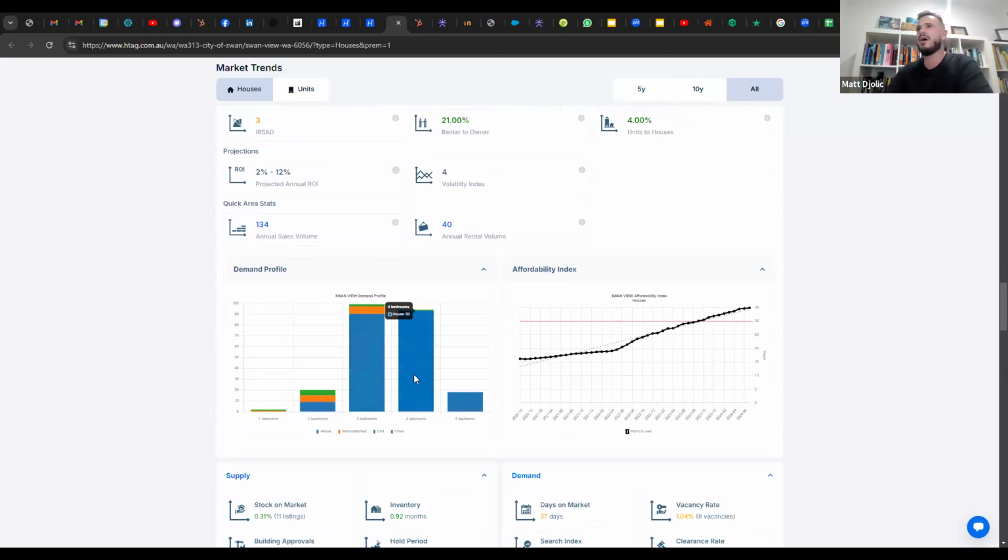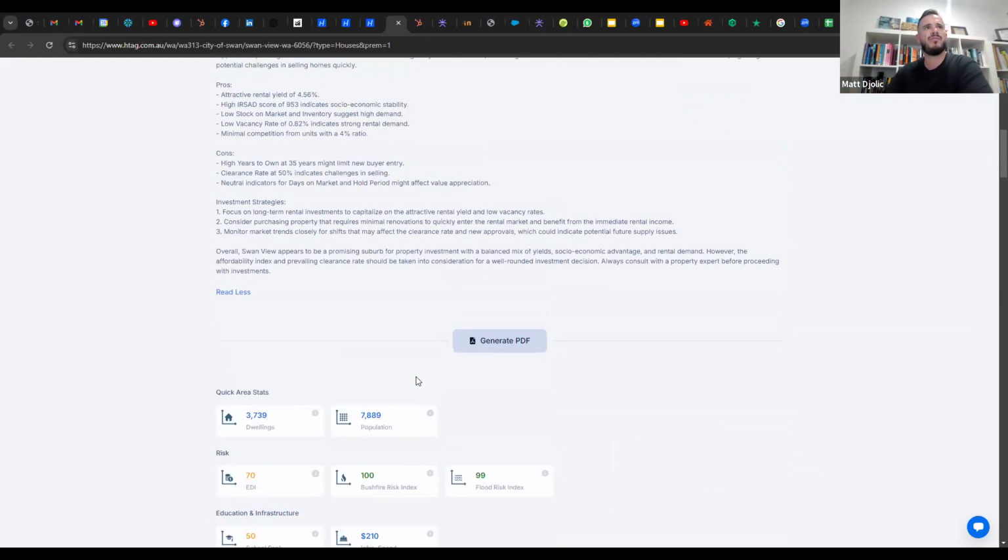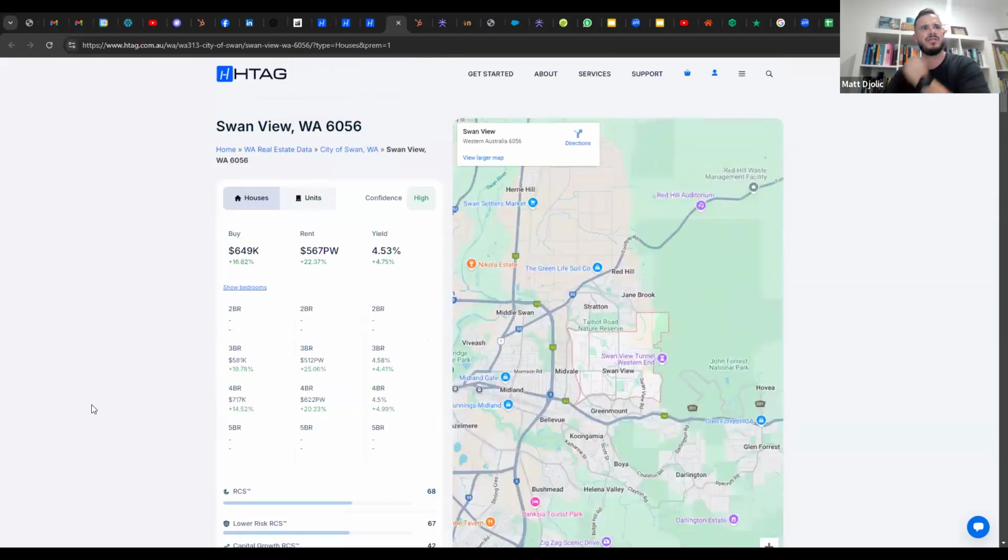So if you're buying either a 3-bedder or a 4-bedder, let's look at the price disparity between a 3 and 4 bedroom. Let's see if there's some room there to generate equity. Look at this. Okay, so this is a perfect example. I'm saying that this area is not good long-term, but it's good short-term. But what I see here, I see a 3-bedroom home for 581 and a 4-bedroom home for 717.